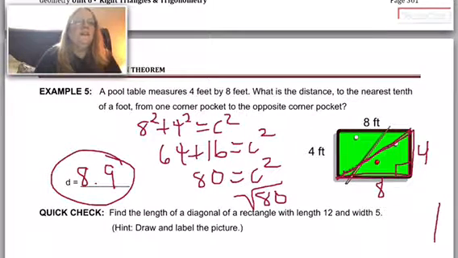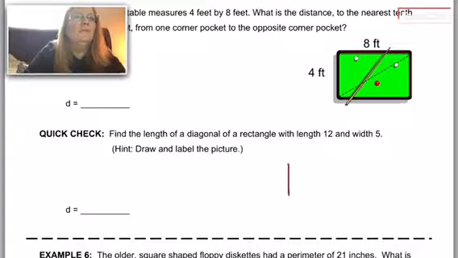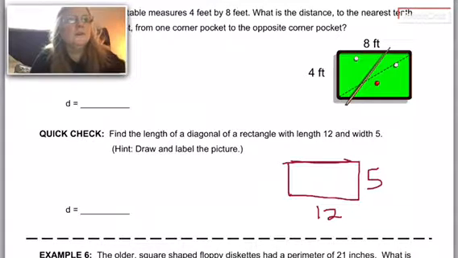Okay, in the quick check, find the length of the diagonal of a rectangle with length 12 and width 5. So here they don't give you a picture, so you just need to draw your own picture. And so you have a rectangle with the length 12 and the width 5. Okay, here's our right triangle, and we want to find c, the diagonal.